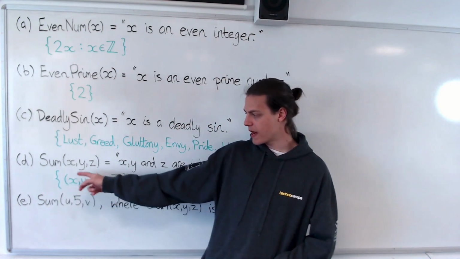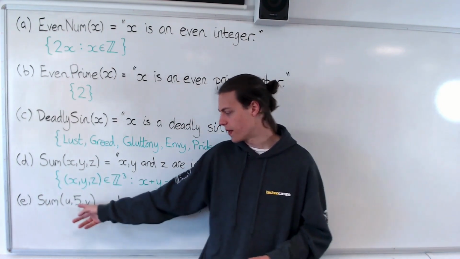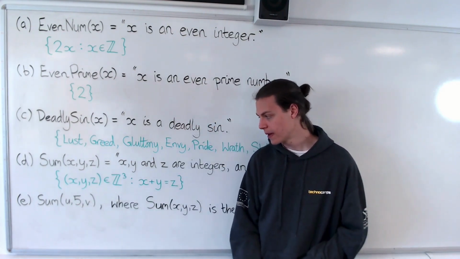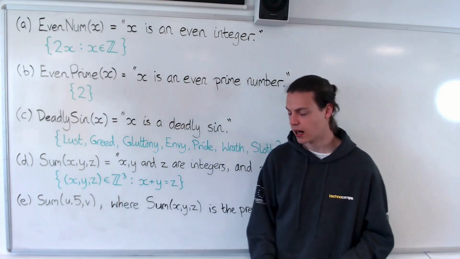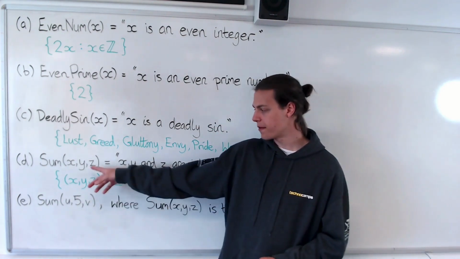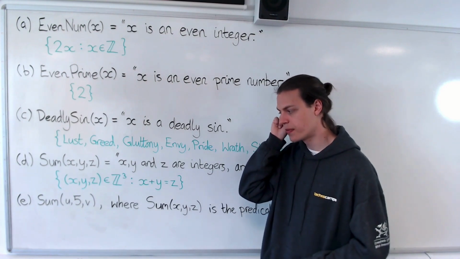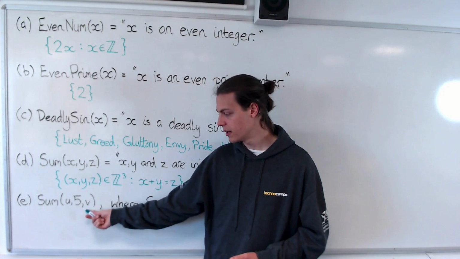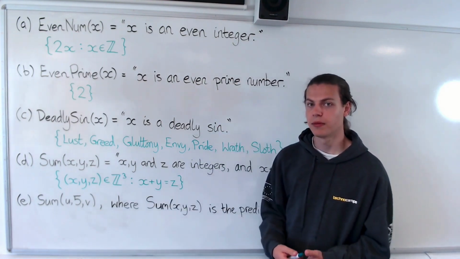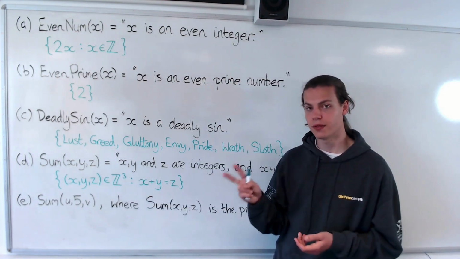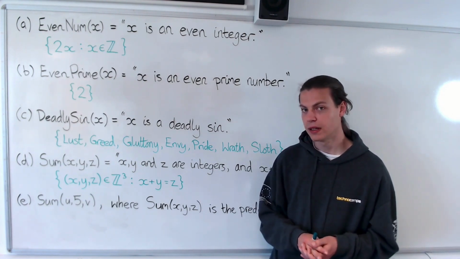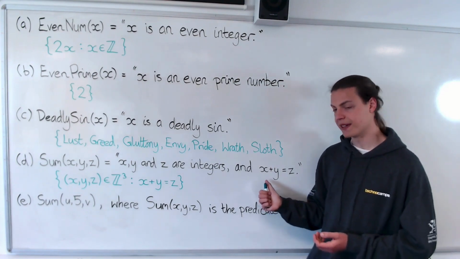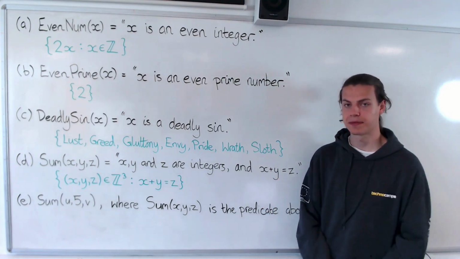Now notice that we've gone from x, y, z to u, 5, v. 5 is not a free variable, while u and v are. So we've gone from having 3 free variables to just 2. And this means that in the truth set of this predicate, each element must only consist of 2 values, u and v, that are both integers and that satisfy u plus 5 equals v.